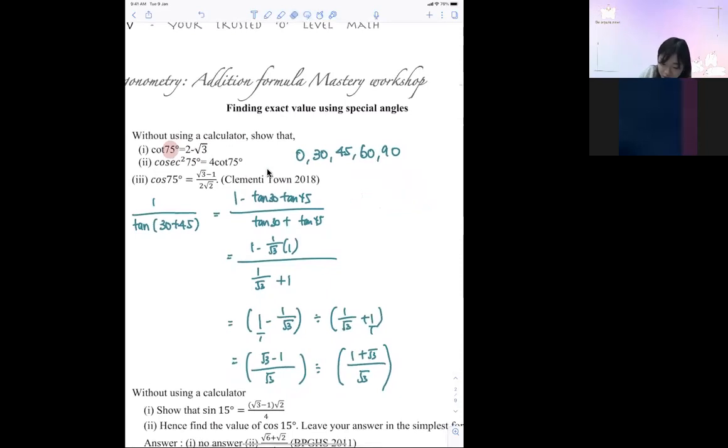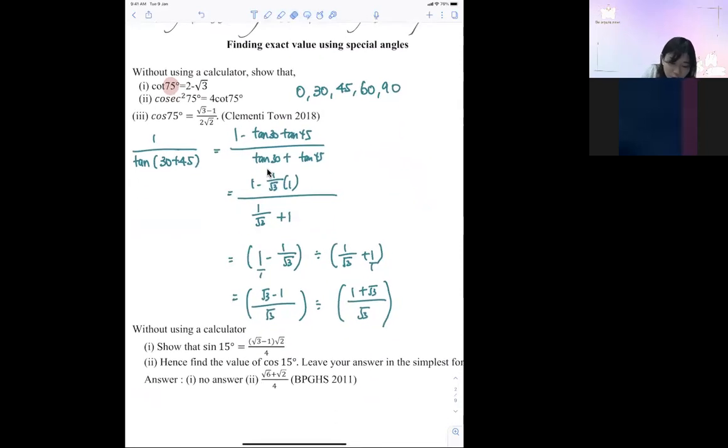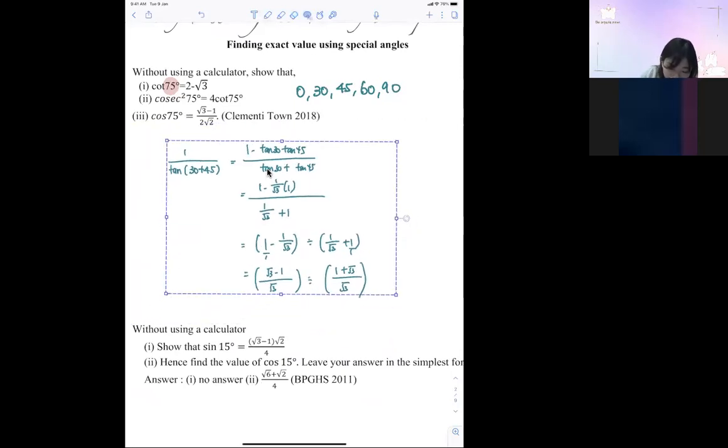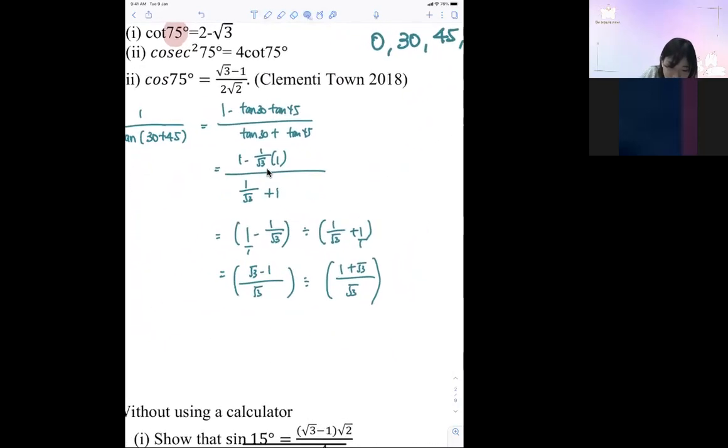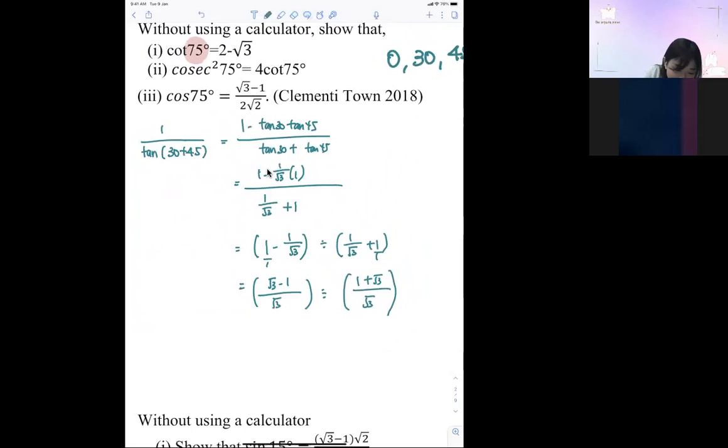Then once you make it into fractions, divide by fraction, what do you do? Divide must change to what? Times. Yes, then flip it.